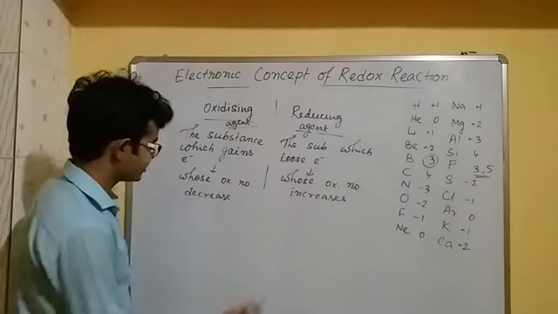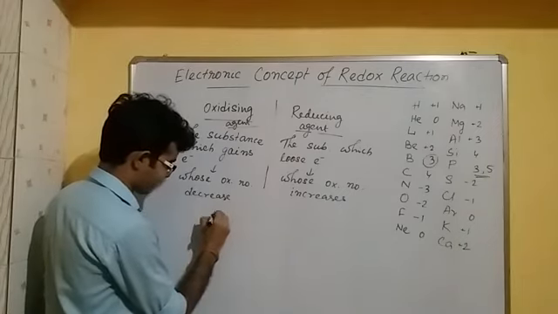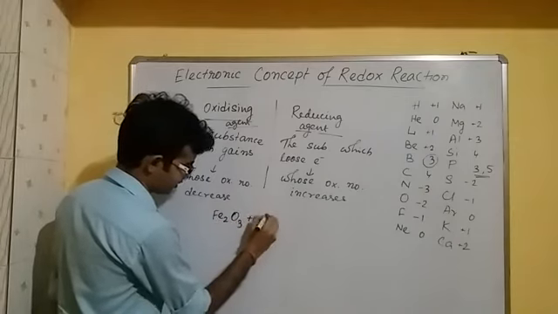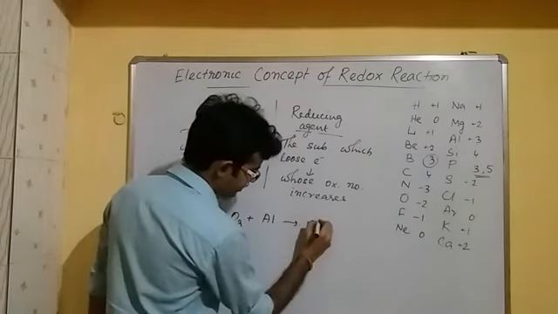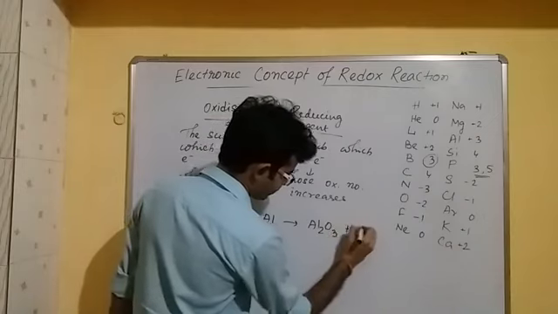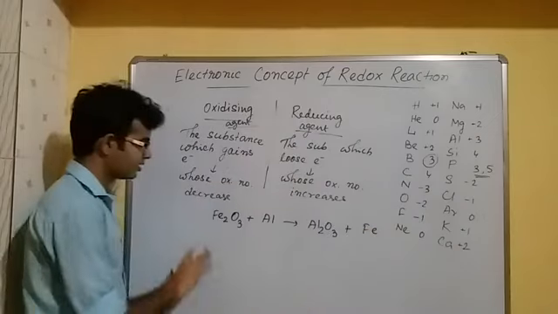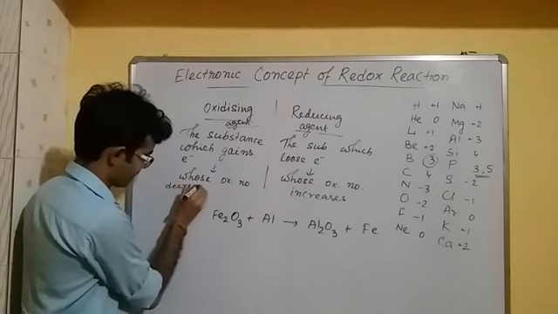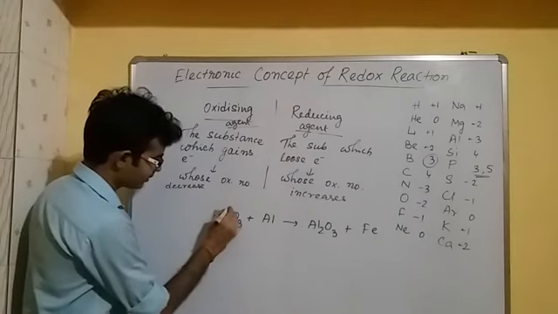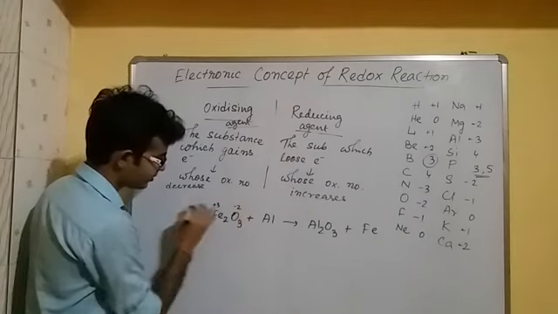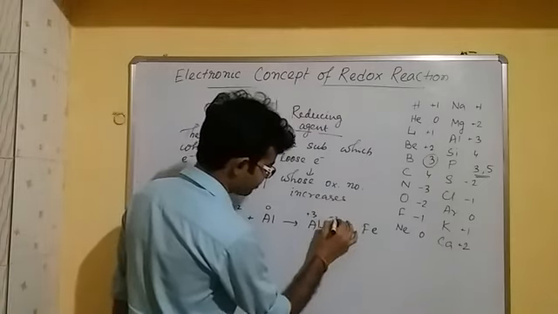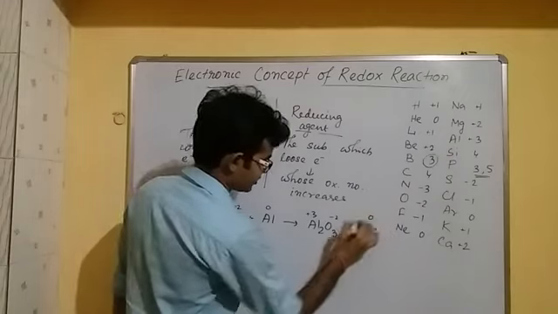I am giving you another example. Do it. Fe2O3 plus Al forms Al2O3 plus Fe. You can easily identify. Oxygen is minus 2, iron plus 3, aluminium alone 0, because this one is plus 3, minus 2, and this one is 0.